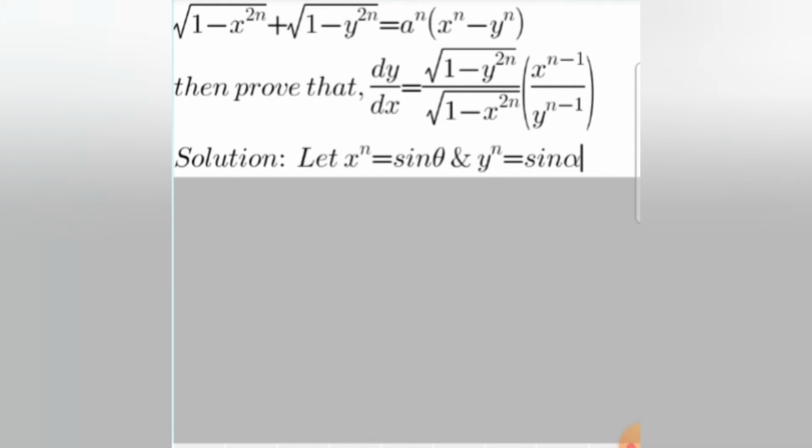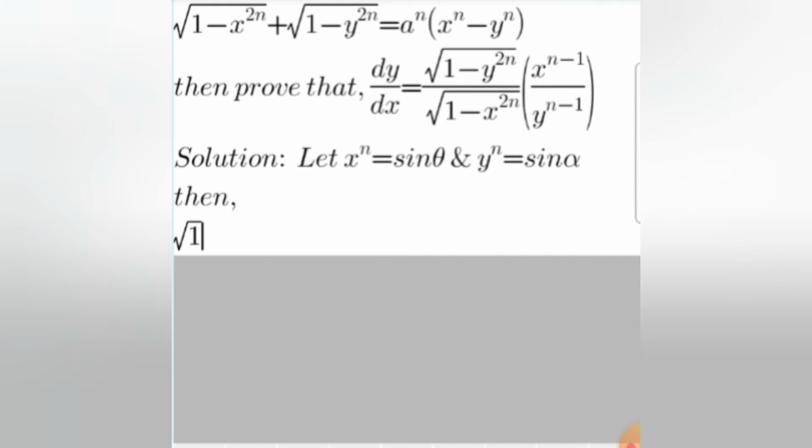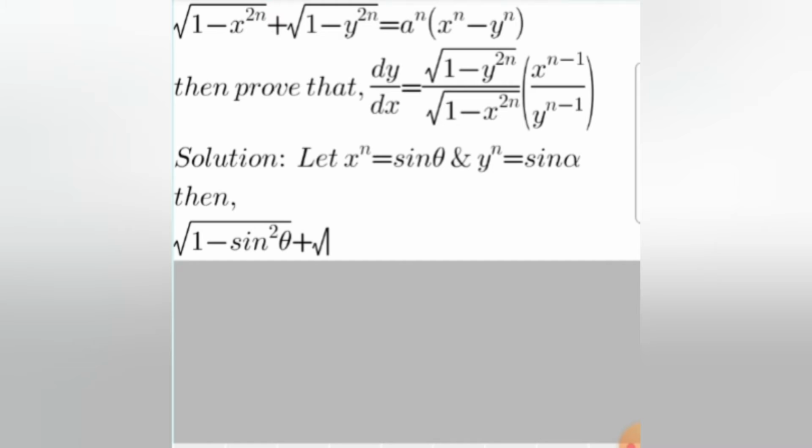Therefore, from the question, this is under root 1 minus sine square theta plus under root 1 minus sine square alpha, and this is equal to a to the power n within the bracket sine theta minus sine alpha.